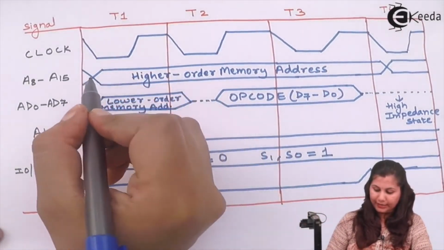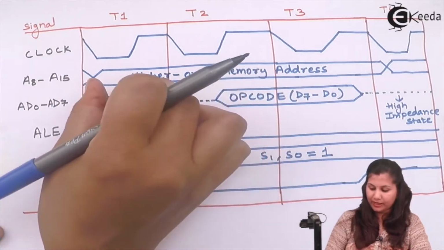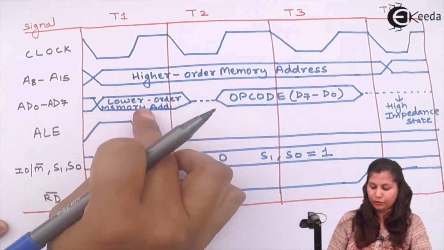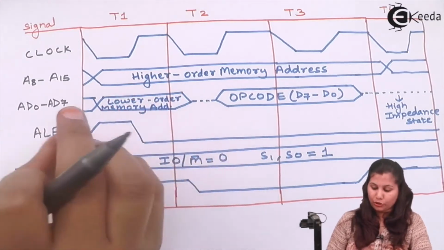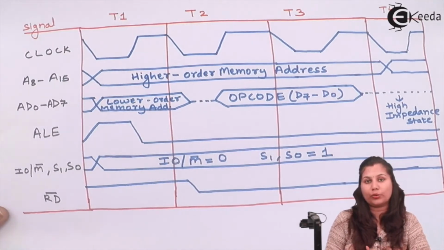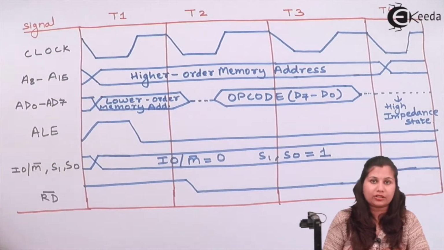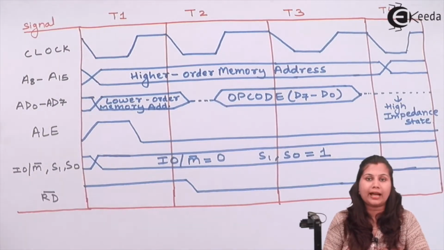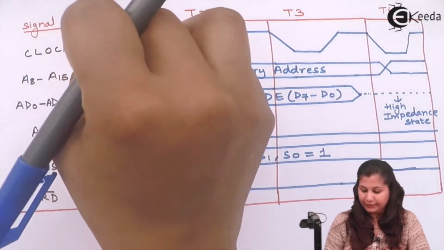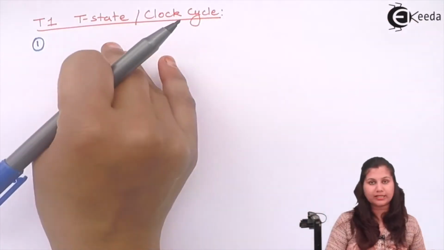You can see that the higher order address bus has the higher order memory address, and the lower order address bus has the lower order memory address. So the program counter stores the address of the next instruction. Wherever the next instruction is written in the memory, that address is stored in the program counter, and that address will be loaded on the address buses in the first T state.